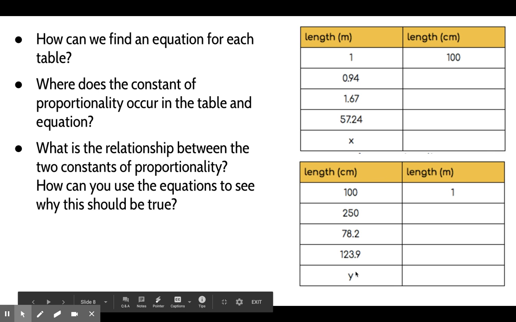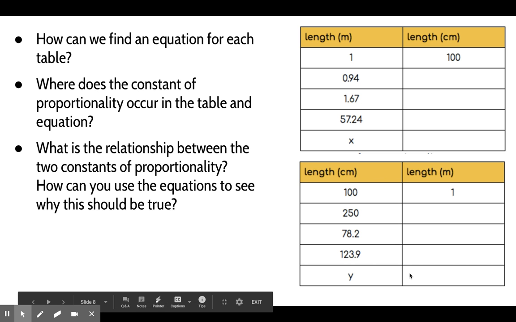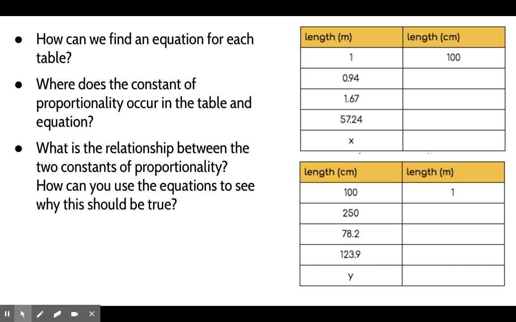And then for y, the length in meters would have been 0.01y. Okay? So, how can we find an equation for each table?